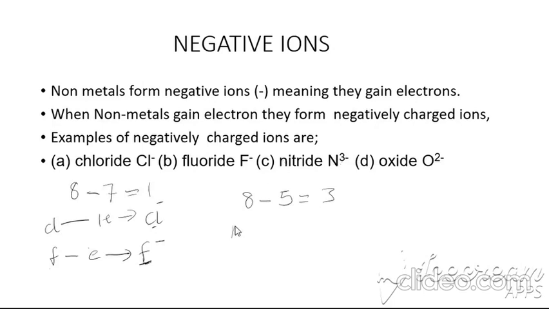So nitrogen, the symbol is N, gains 3 electrons to form the nitride ion like this. This means gaining 3 electrons for it to become stable. So you need to know this, and then you can do that for oxide. Oxide is coming from oxygen.